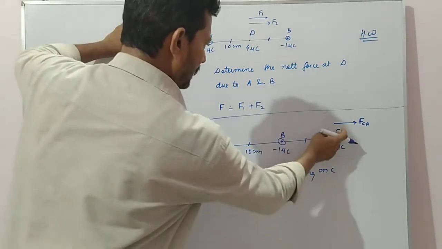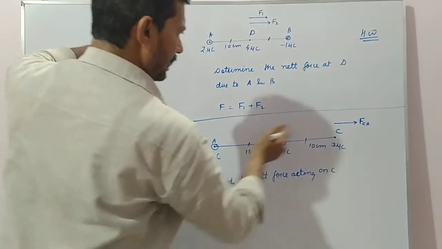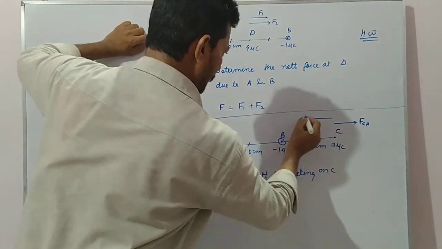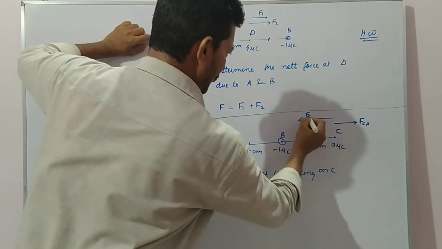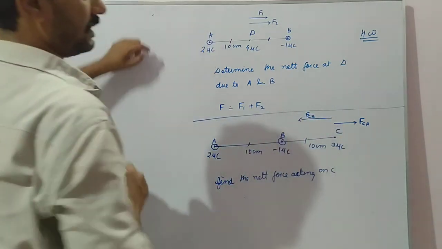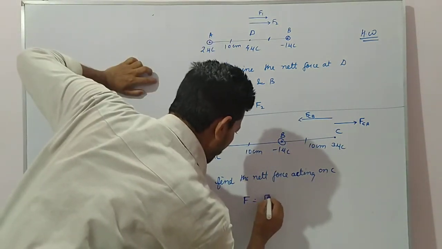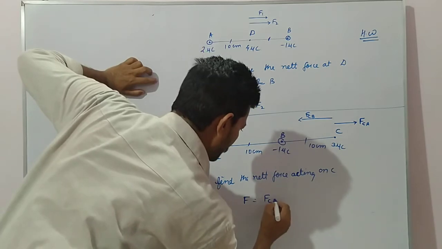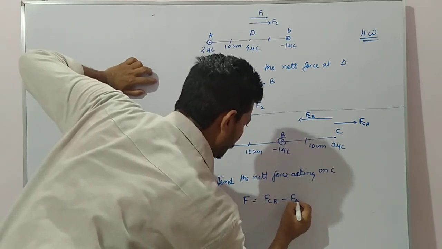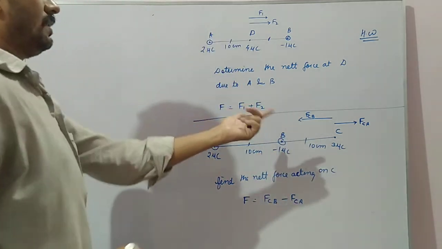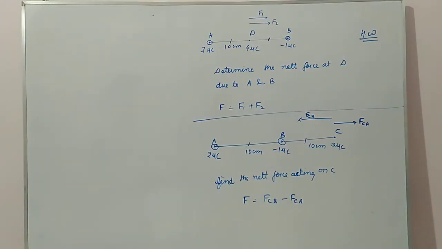Now due to B and C, there will be what? This will be attracted along this direction. So the force acting on C due to B, that will be attractive. So here the net force will be equal to what? Force acting on C due to B minus force acting on C due to A, they are in opposite directions, so you have to subtract.